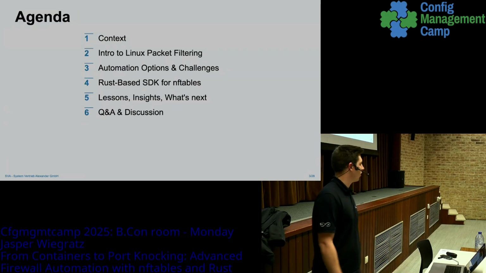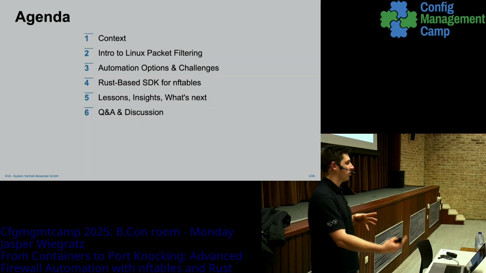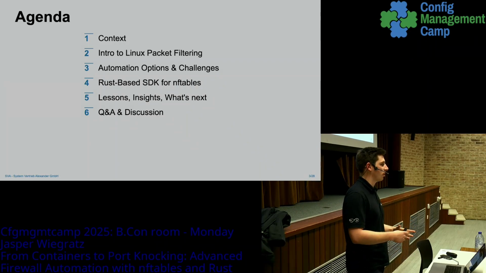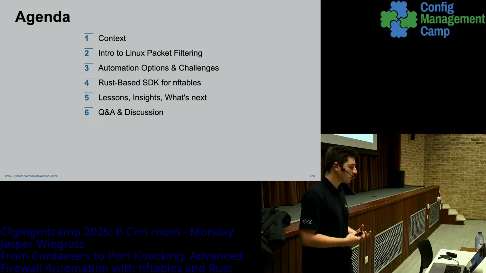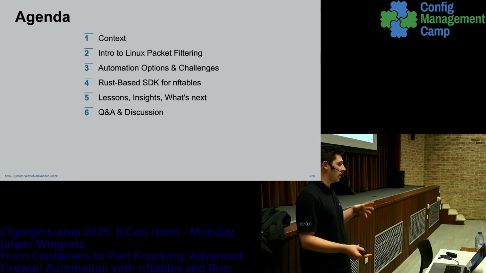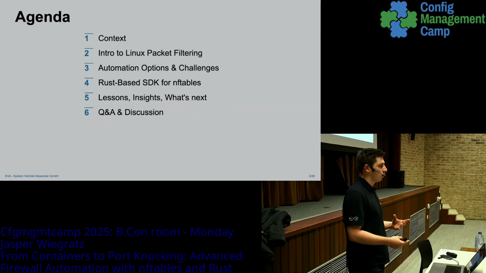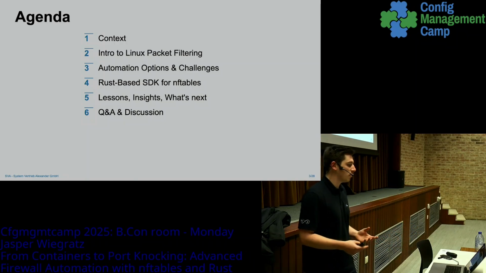So what are we going to talk about today? First, a little bit of context. I will show you something from the project at university, a solid use case to use nftables. We will see how iptables worked and the other kinds of X tables there were and how they map to nftables.